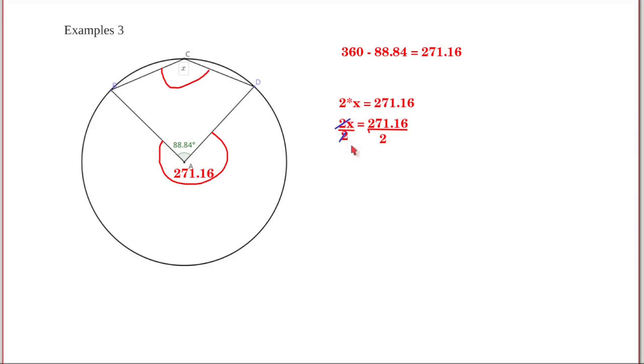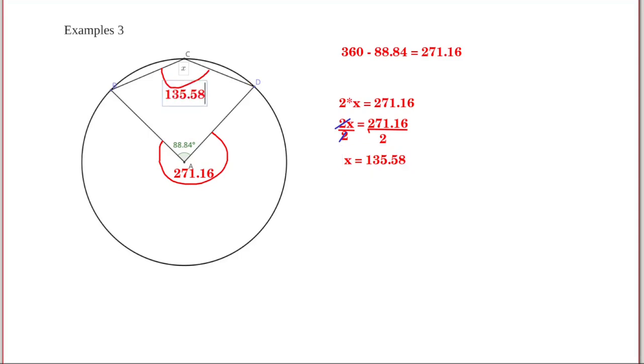And then on the left hand side, we will be left with x being equal to 271.16 divided by 2. This is giving me 135.58, which is the angle there.